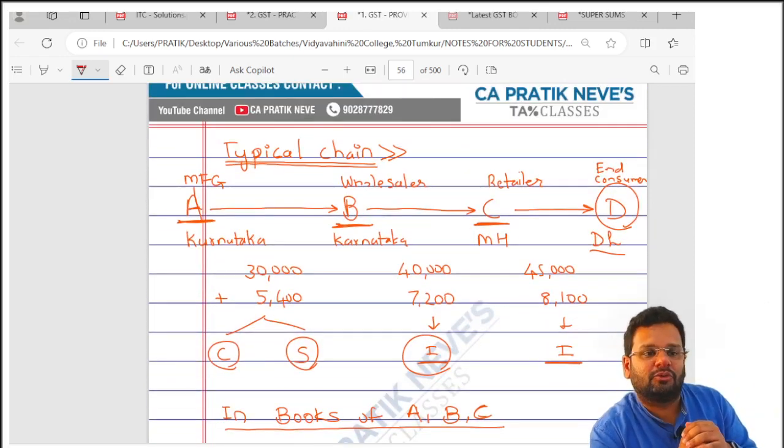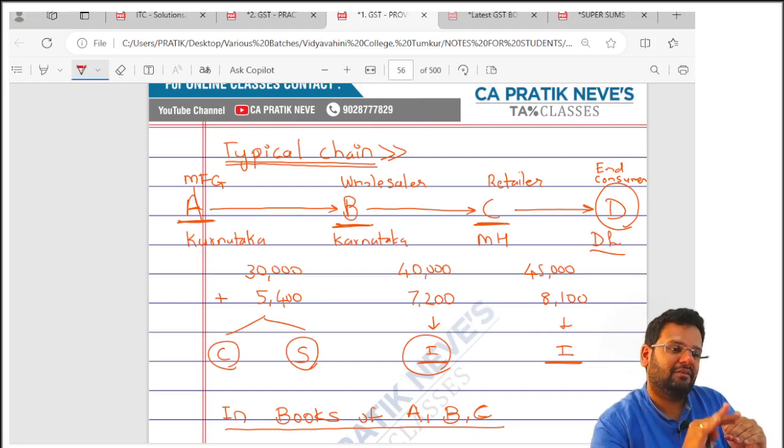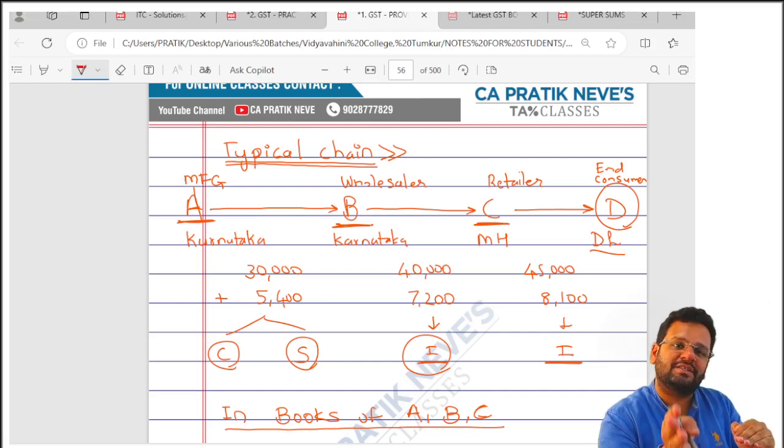Okay, chalo. So now take a break. After the break, we can do some more questions on payment. Now, what in payment will we do? We will try to calculate value and then try to calculate GST payable.